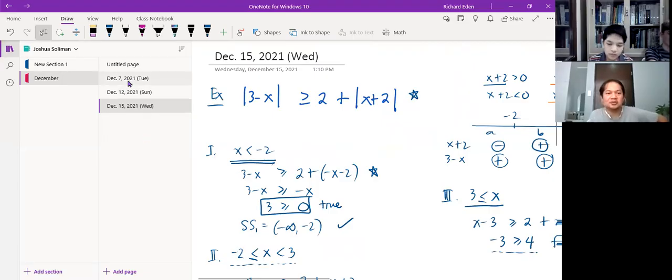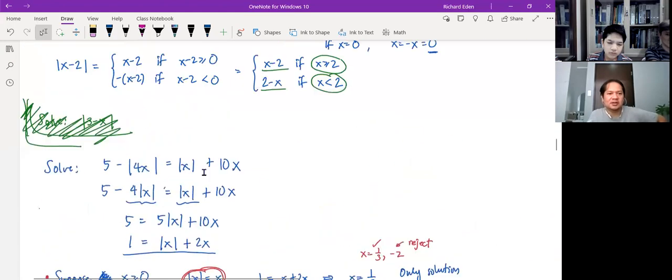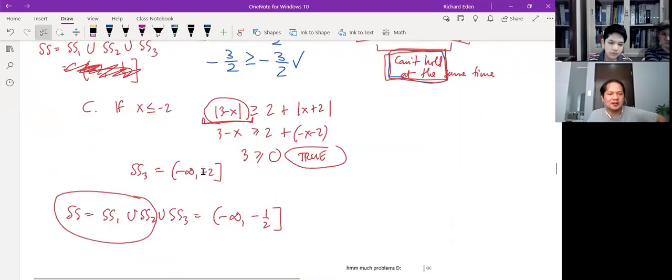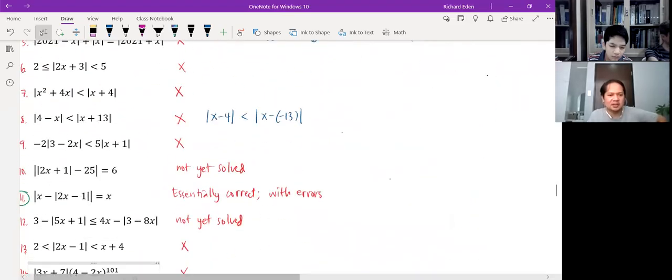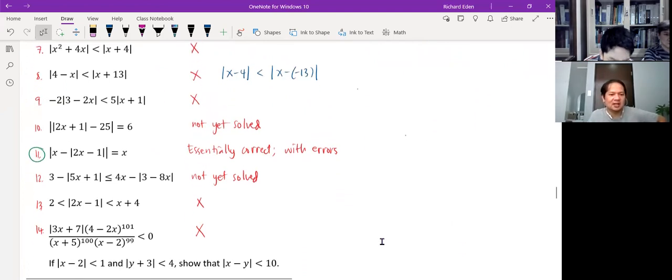So do try again some of the problems that you skipped. For example, you could try out definitely number 12.